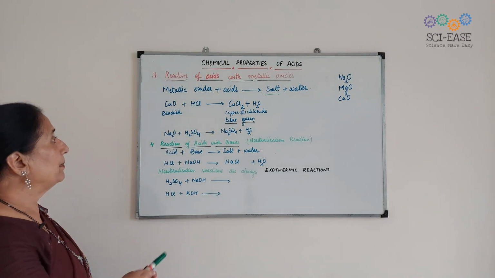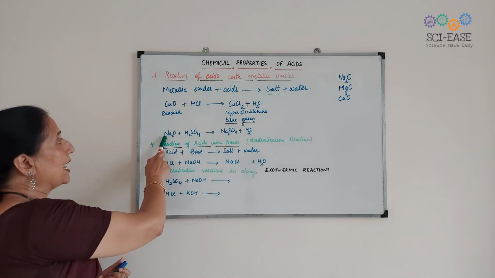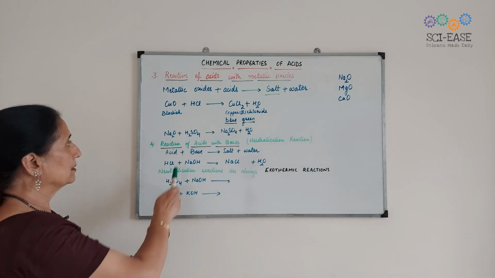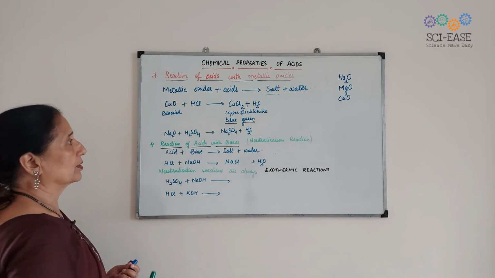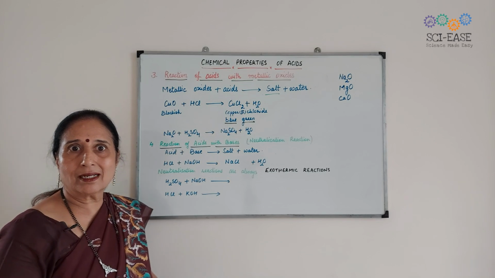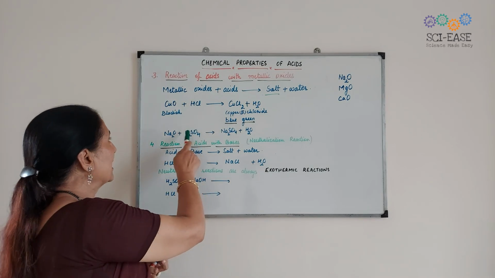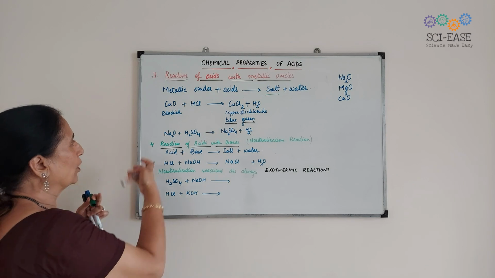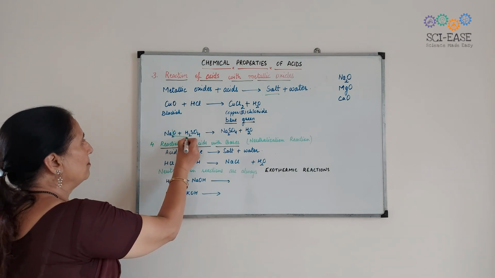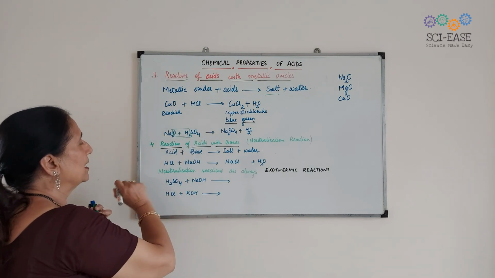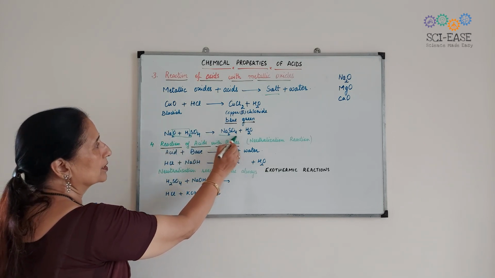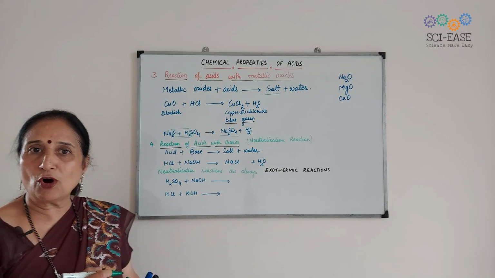You can take the metallic oxide Na2O also. When it reacts with H2SO4, what will be the result? The sulfate. Here H2 and O will form water. And what will be the result? Na2SO4. How is the formula formed?